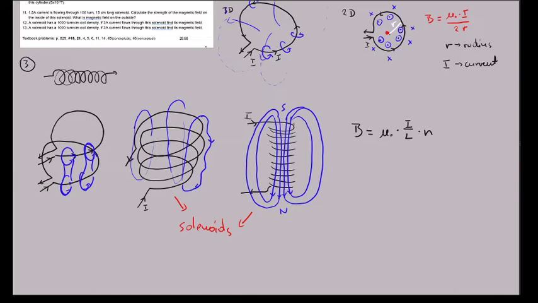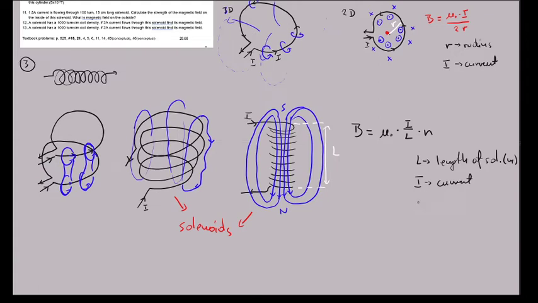So L, that would be the length of the solenoid. Right, so L is the length of the solenoid in meters. I is the current.